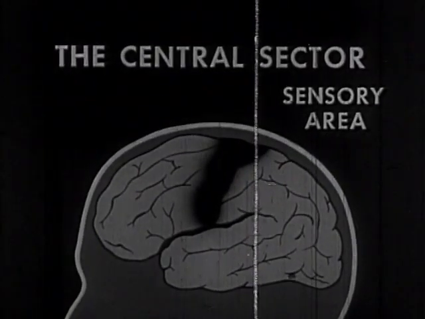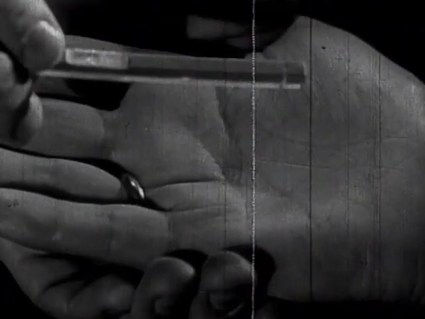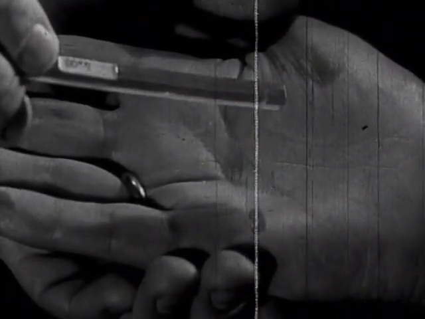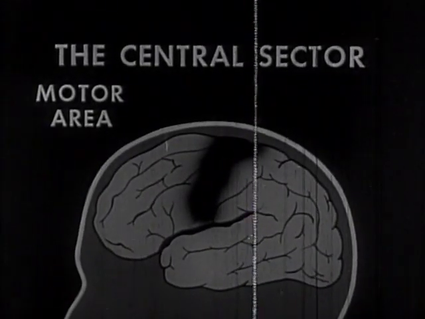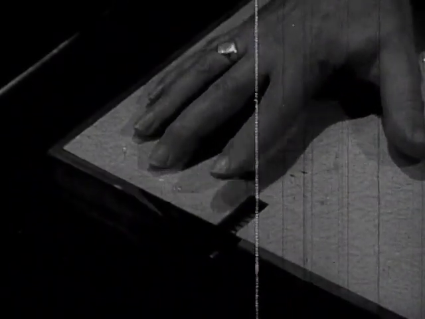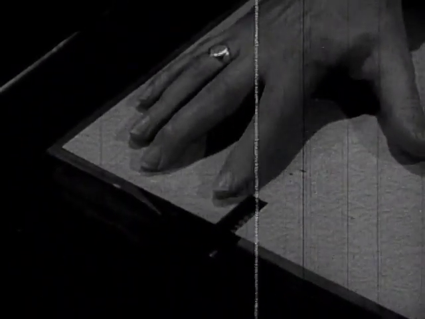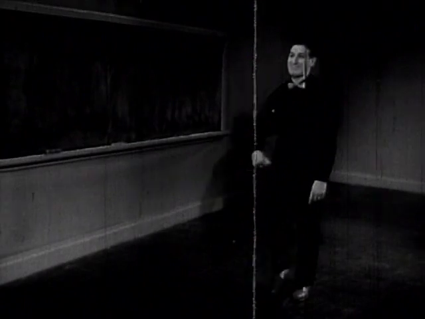When the injury is in the sensory areas of the central sector, sensation of touch suffers. With damage to the motor areas of the central sector, there is trouble with movement. And when the injured area is large, a paralysis develops on the side of the body opposite the side of injury.